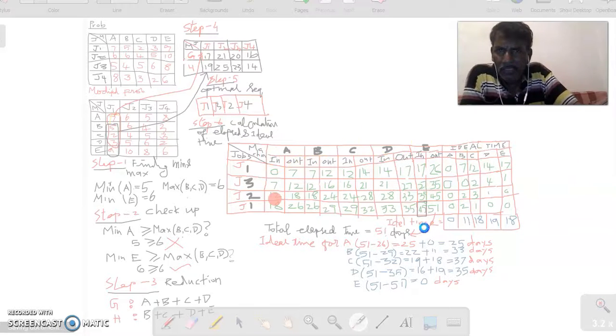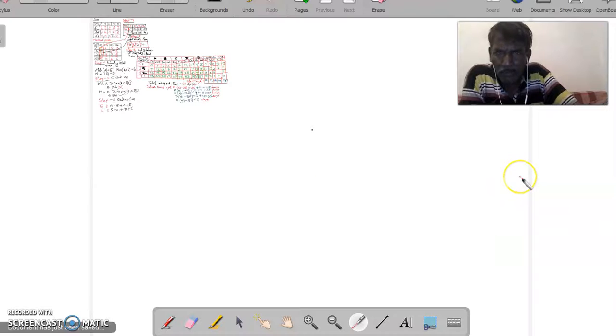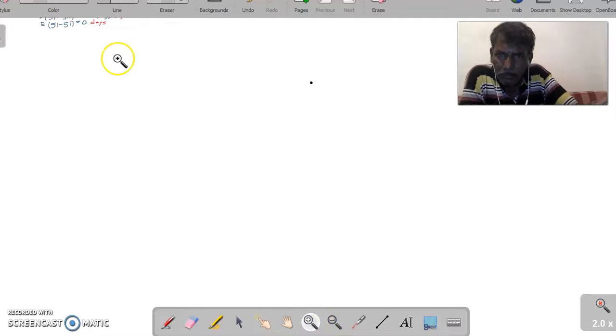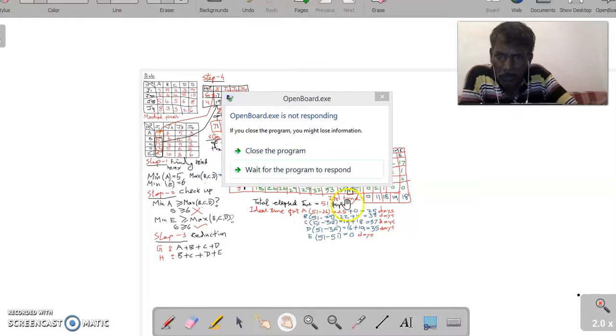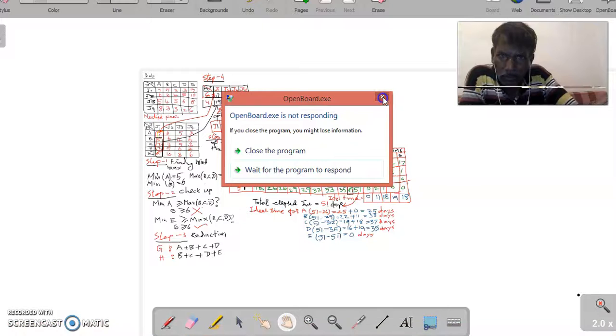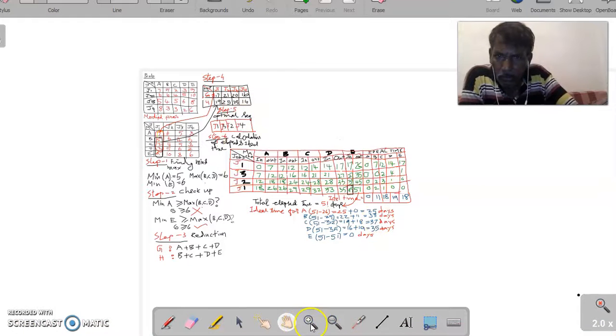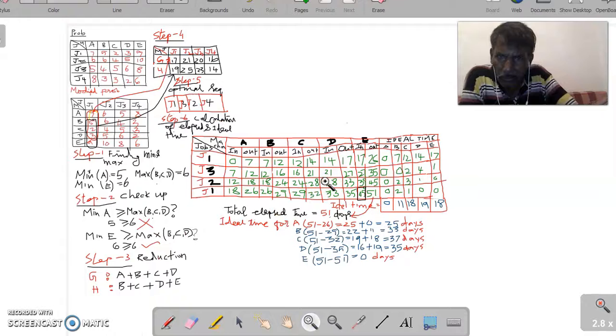Okay, so this method we know already. Am I correct? This method we know already. Wait, I will bring that back here and we close that. Now let me maximize so that you can see that. Right now it's okay, no?